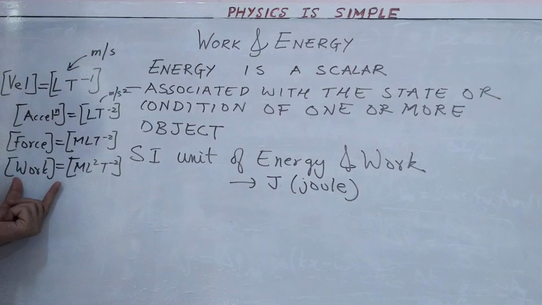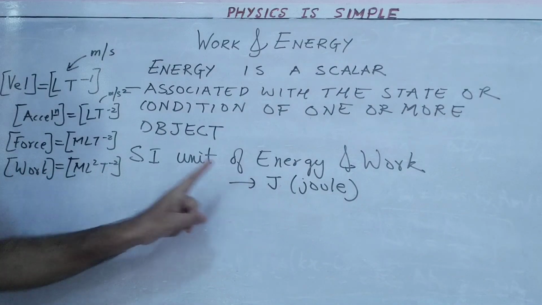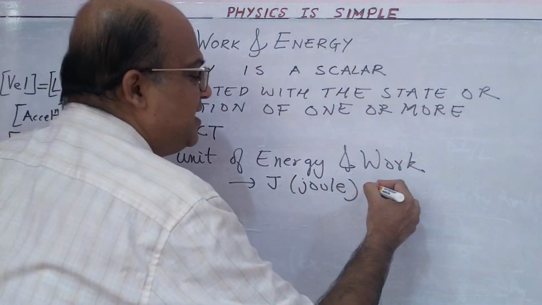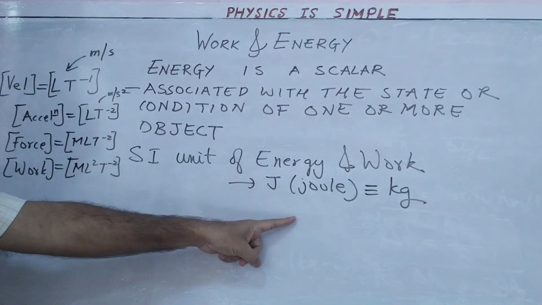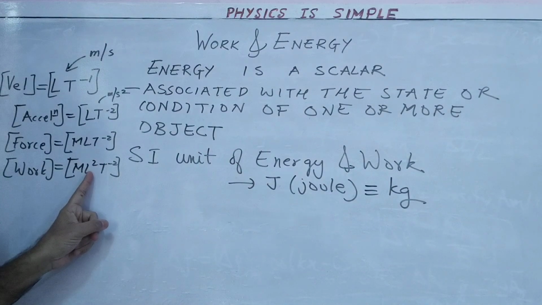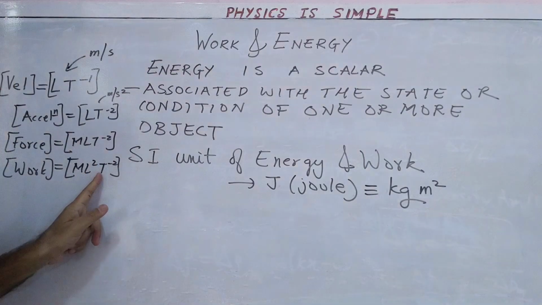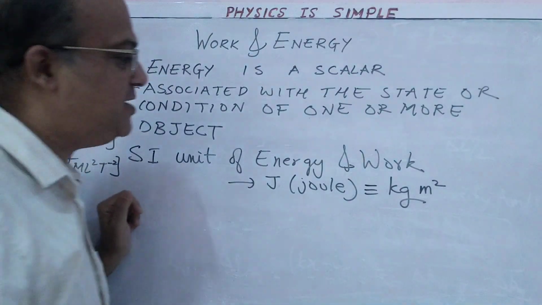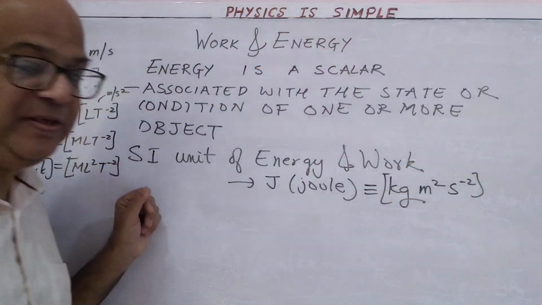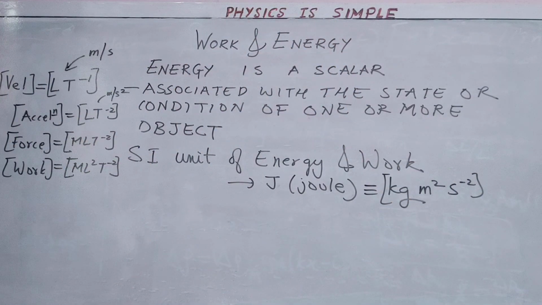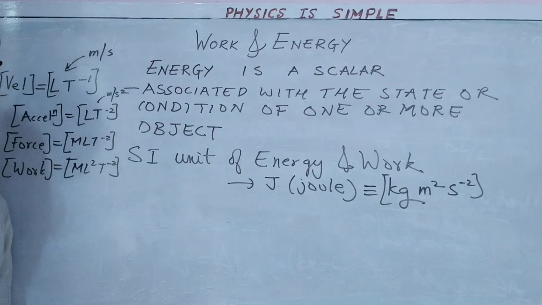So from here we realize, in simple terms, joule will be same as kg, because unit of mass is kg in SI and length is meters. So kg meter squared. And here is time. Time is measured in seconds. So s^-2. So joule is same as kg m^2 s^-2. So just remember that.